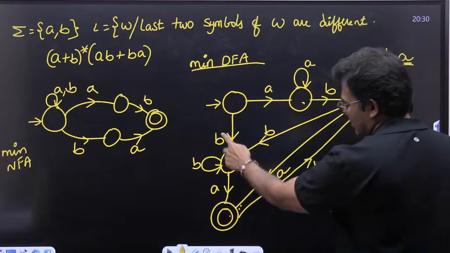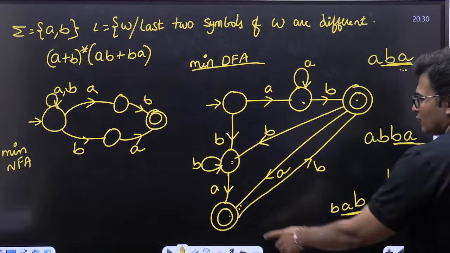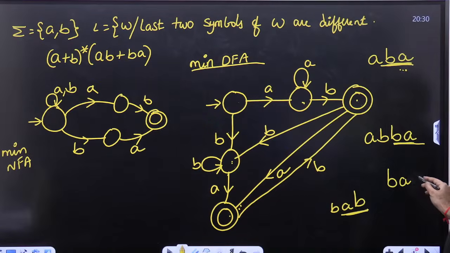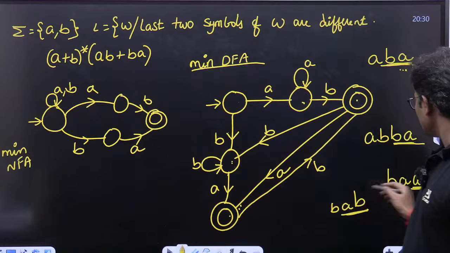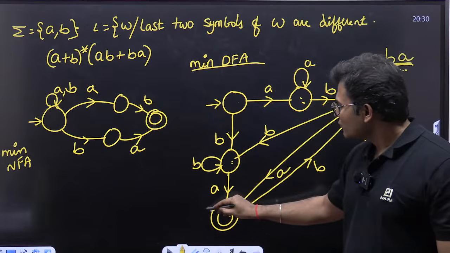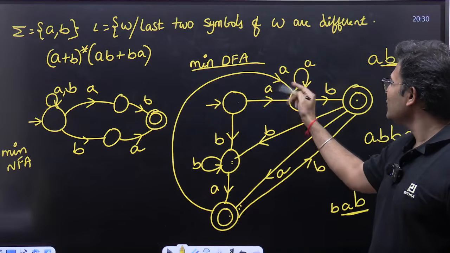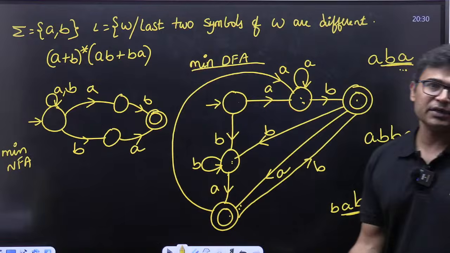See, here I have seen BA and I have reached here. Now if I get an A, I may get a B and it may end with AB. So I will go here and wait for a B. Simple, na?